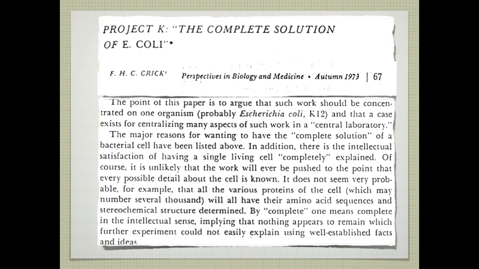So Francis Crick wrote this piece called Project K, but now I know from talking to Sidney Brenner, there was also Project L, Project M, and N, the nematode, the mouse, and I forget now what L was, some plant species. But they knew at the time that when they had figured out the basic mechanisms of molecular biology, this had to be done on scale. But they just didn't quite realize at the time how large that scale was.